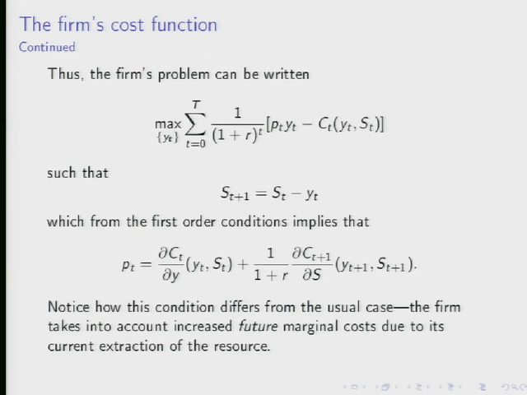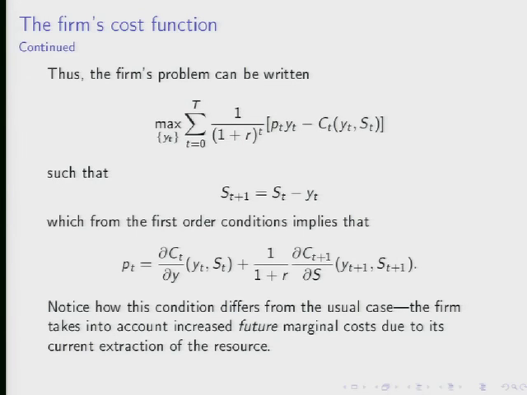Okay, so anyway, the sum I've got is 1 over 1 plus r to the t, from t equals 0 to capital T, of pt yt minus ct of yt, s t minus 1 minus yt minus 1. Okay, so I just want to observe that. Let's take t equal to 0. Well, that's 1, so it'll be p0 y0 minus c0 of y0, s minus 1, which remember is the initial stock we start with, minus y minus 1, which I think we can take equal to 0 actually.